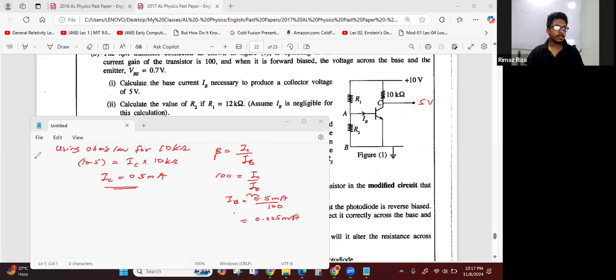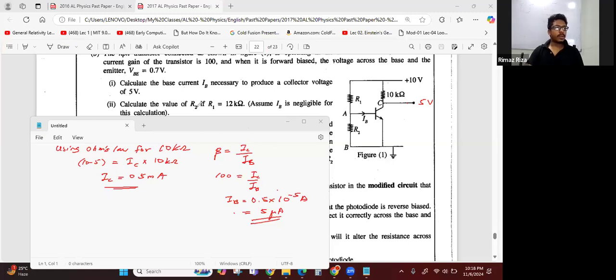Or else I write 0.5 times 10 to the power minus 3 divided by 100, which is 5 times 10 to the power minus 6 ampere. So this equals 5 microampere. So IB is 5 microamperes. The base current necessary to produce the collector voltage of 5 volt is 5 microampere.